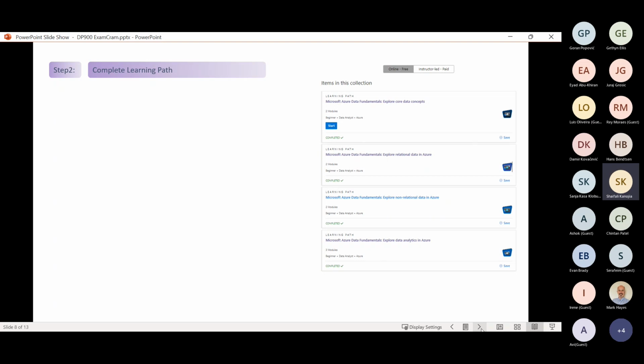This gives you a foundation, because you know the concepts. They tell you about the key things they are assessing, so everything is covered in here. This is the second step that I would suggest: you should start with the learning path.